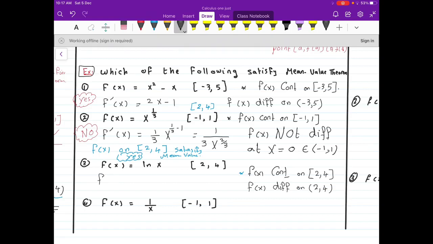Why? f prime of x equals 1 over x. So will the answer be yes or no? The answer will be yes.